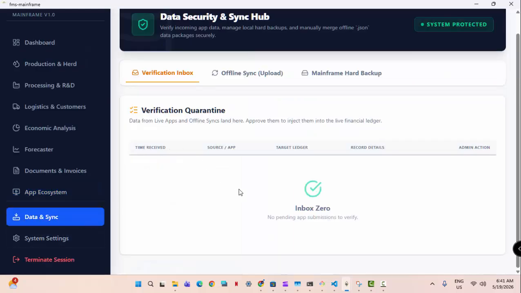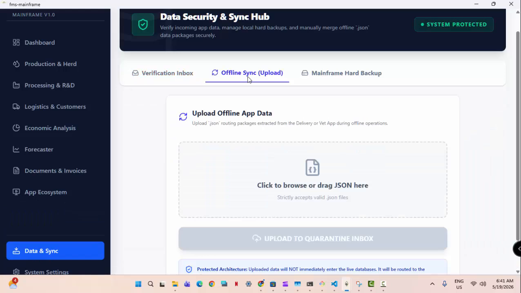Then data and sync. This is a crucial step. We have quarantine box wherein the farmhand or the delivery manager could just send in a record and it needs admin's approval to send it to the actual database.